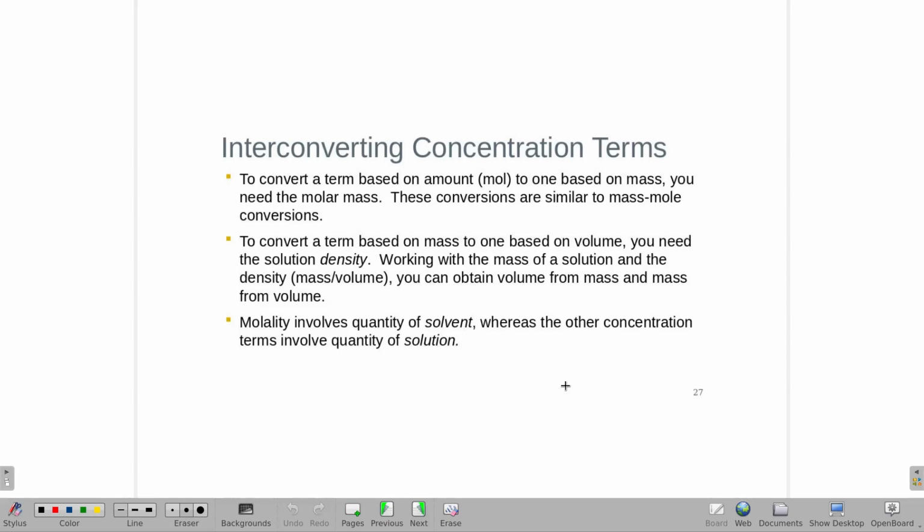Now, some of these are easier to go. If I were talking about a mass percent, for instance, so 11.5%, let's say it's 11.5% sodium chloride. Well, that does mean there's 11.5 grams of sodium chloride for every 100 grams of solution.